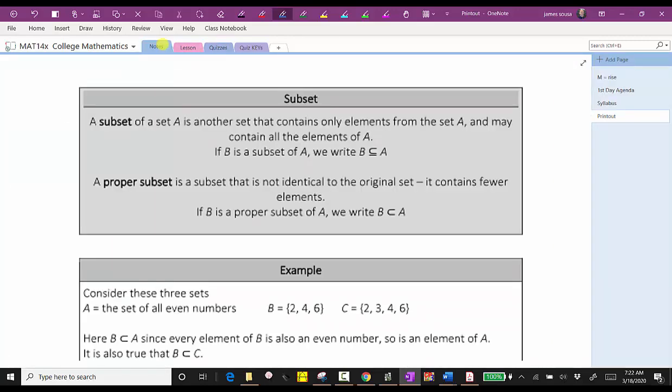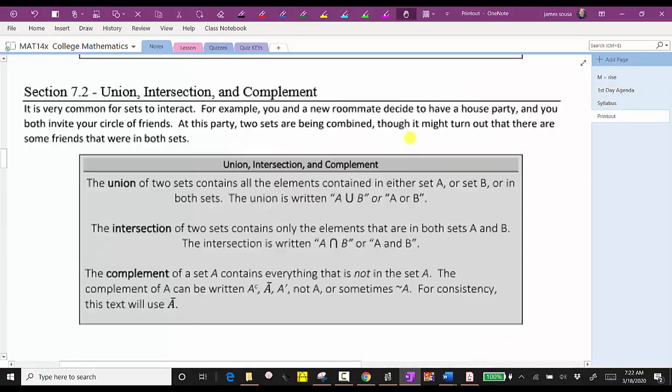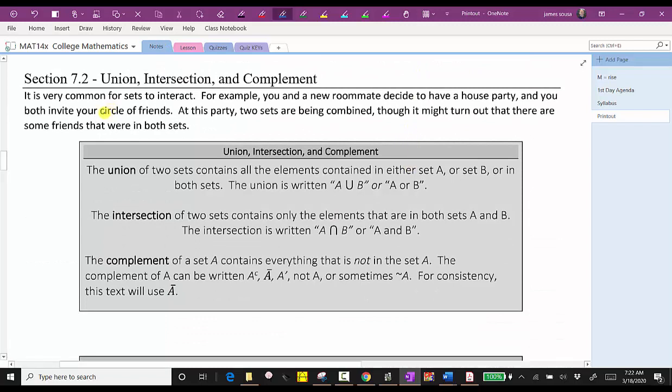So looking at our notes, we are now talking about union, intersection, and complement. The union of two sets contains all the elements contained in either set A or set B, or in both sets, and we use this notation here. So union means or.